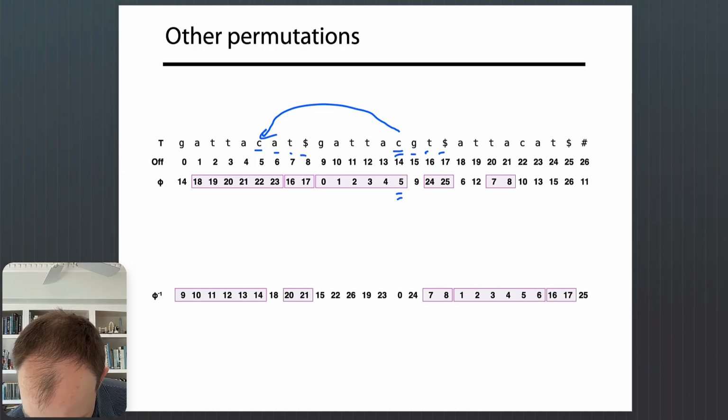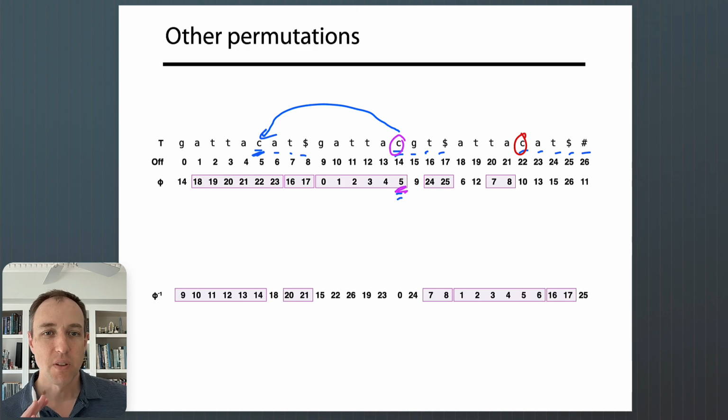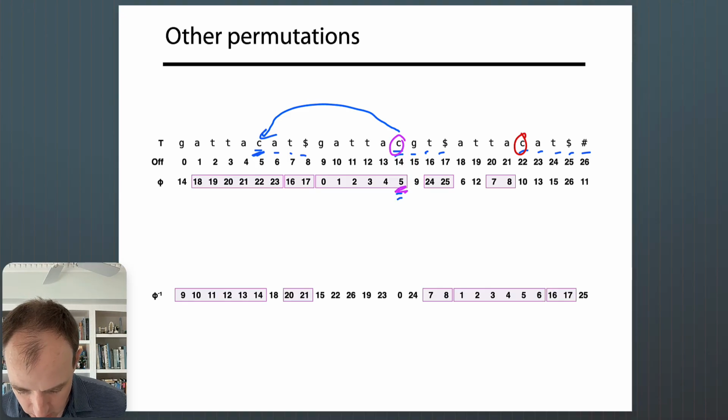And CAT dollar G comes before CAT dollar hash, so this one is alphabetically later than this one, but it's alphabetically just before this one, right? So we have a 5 here. But that's the idea, right? The phi function is: take me to the offset that is lexicographically one less than my current offset. All right, and then inverse phi would go the other way.